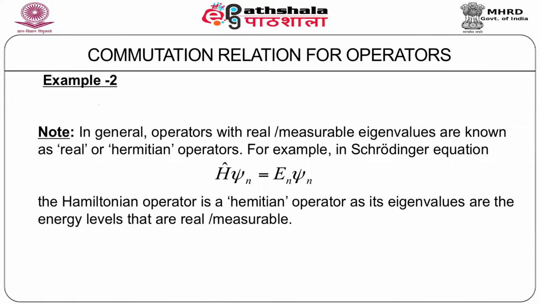For example, the Schrodinger equation H psi n equals E n psi n is the Schrodinger equation expressed in operator form. In this equation, the Hamiltonian operator H is a Hermitian operator. Why is it so? Because its eigenvalues are the energy levels E n, which are real and measurable. So this is an important definition.